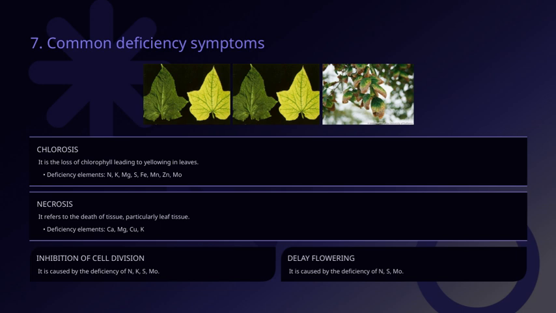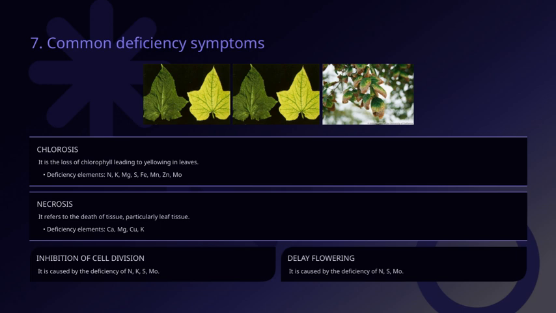Moving on, tissue death, especially in the leaves, is another symptom. This is called necrosis, and it usually occurs when the plant is short of calcium, magnesium, copper, or potassium. You'll notice dead patches or browning in the leaf tissue. Then there's chlorosis, which is the loss of chlorophyll, causing leaves to turn yellow.